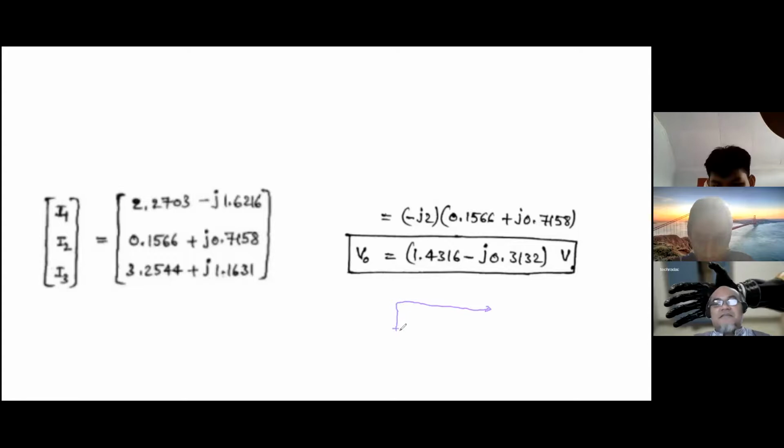So first, find the magnitude. Just calculate the magnitude and the phase angle. Yeah, 1 point. Okay, calculator.